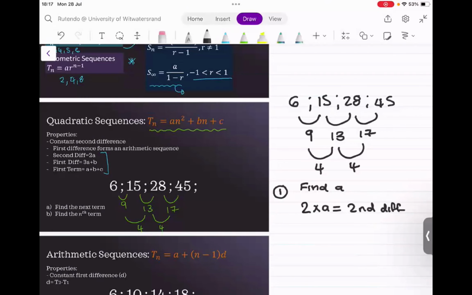So when we were finding our differences, we said this is our first difference because these are the first 2 numbers that we subtract from each other. So the 15 minus the 6, that was our first set of differences. And then this is my second difference.